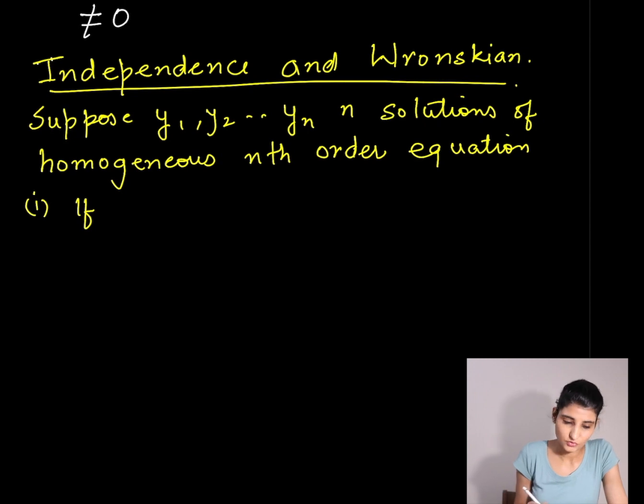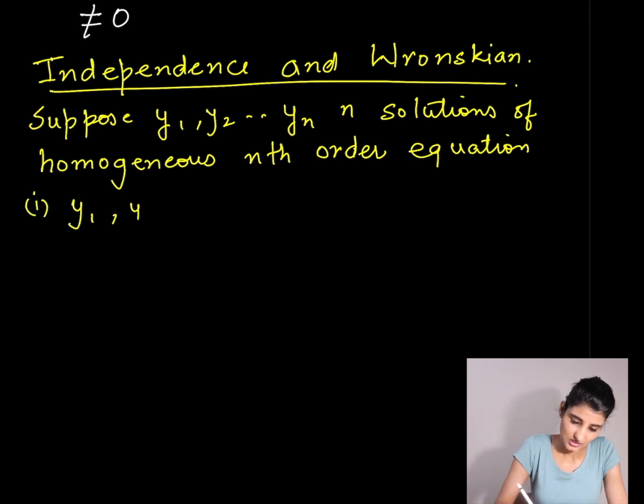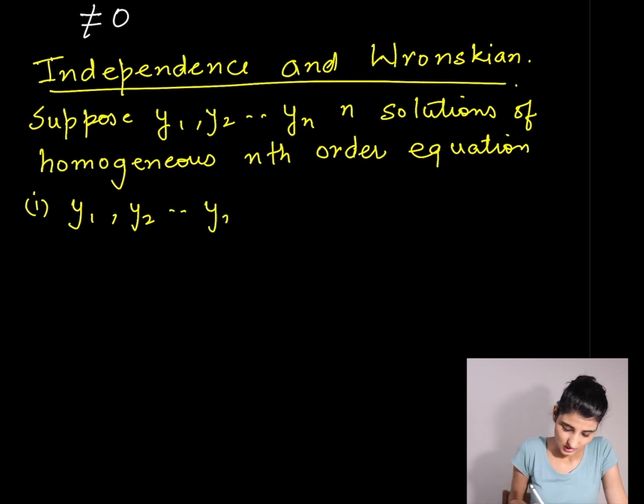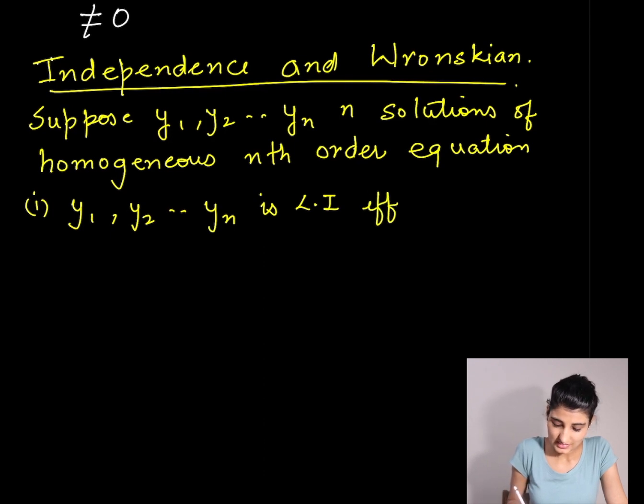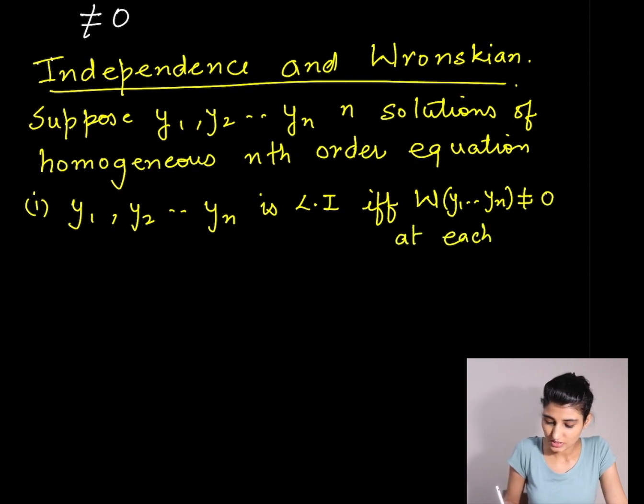Then what will happen is the set y1, y2, up to yn is linearly independent if and only if the Wronskian is non-zero at each point.